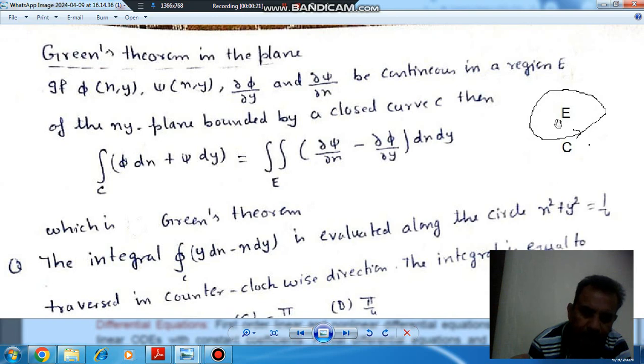Suppose this is your plane E and it is enclosed by curve C. And phi, psi, ∂phi/∂y and ∂psi/∂x are continuous functions in this region.